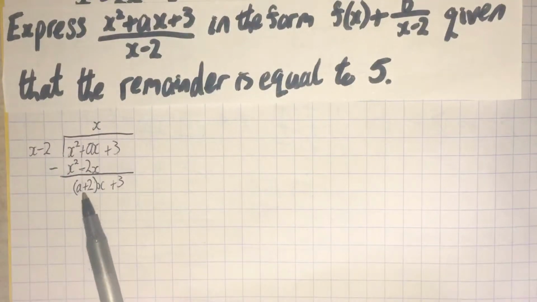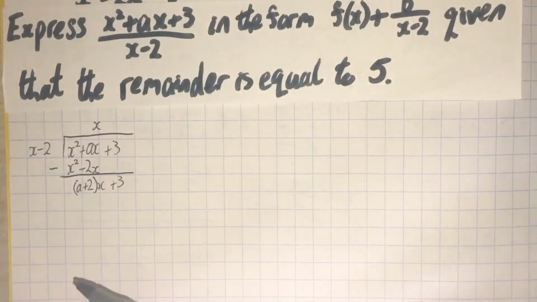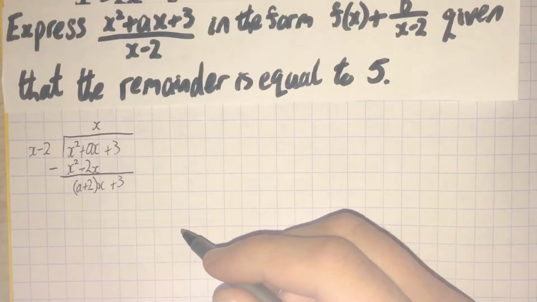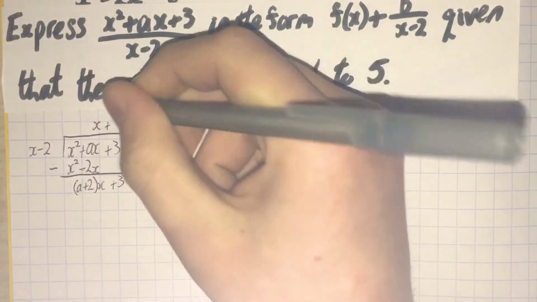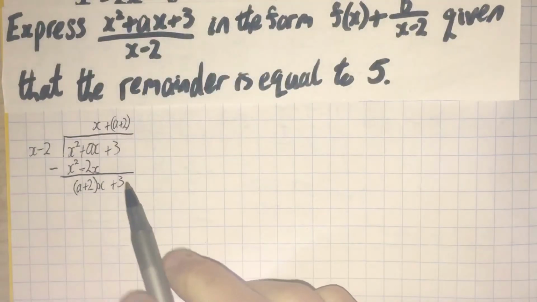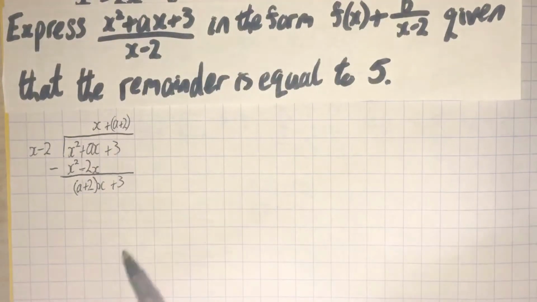And now we need to get rid of all our x terms. So that means that to get from x to brackets a plus 2 times x, we need to times by a plus 2. So yes, let's do that. So we're timesing by a plus 2. Just keep track on top there.